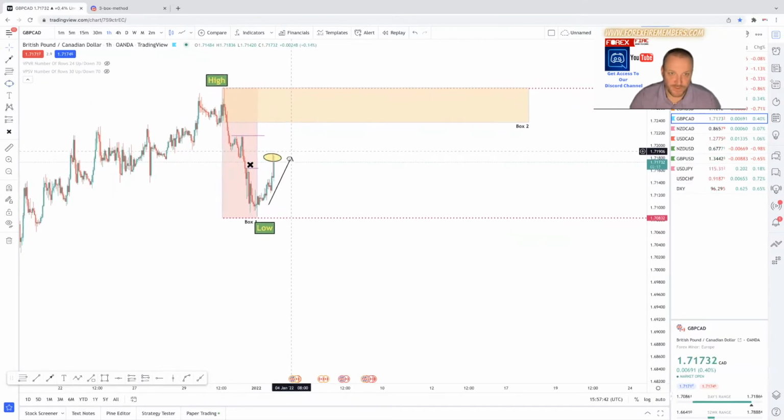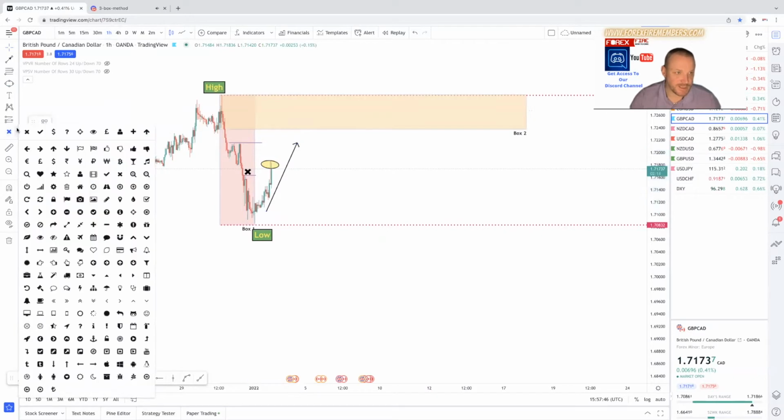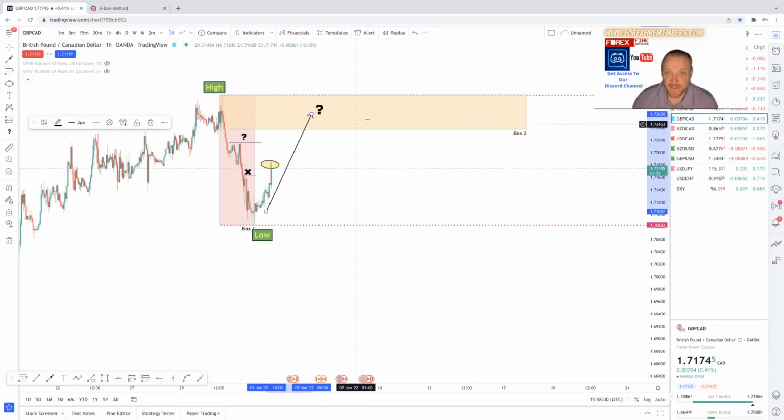We are waiting for a further push up as well to possibly take liquidity from there, because this is where the money resides, and then we are waiting for price to push even further as it takes liquidity from here, and this is the area where we are looking for entries.